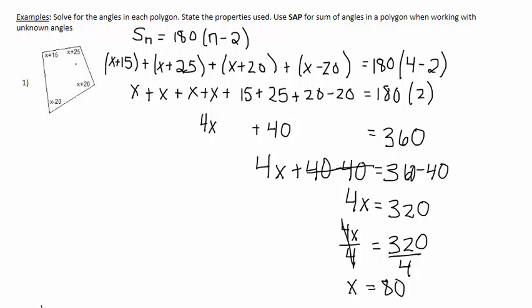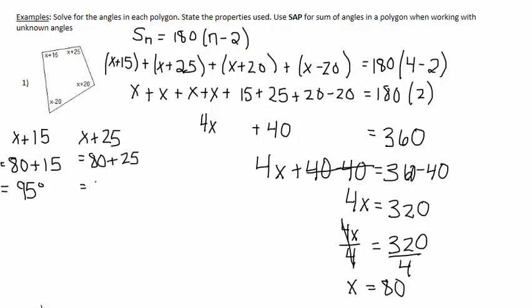So now, to figure out each of the individual angles, we just simply plug in 80 wherever we see x. We also have an x plus 25, which gives us 80 plus 25, which equals 105 degrees.